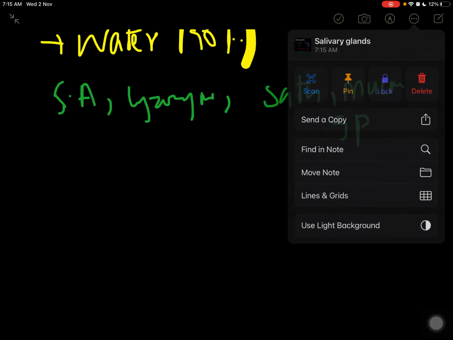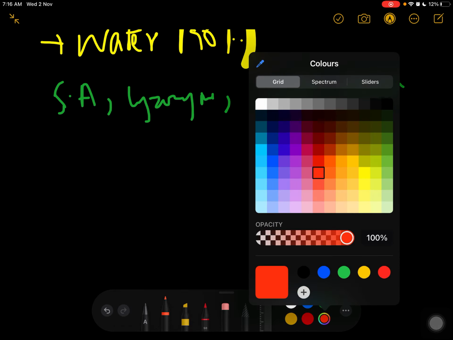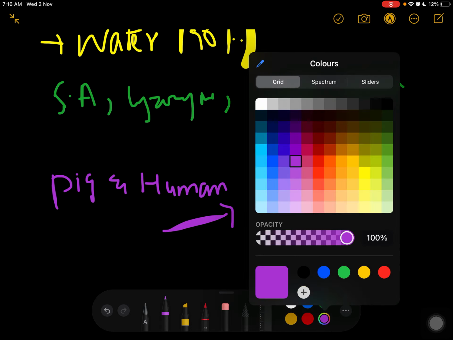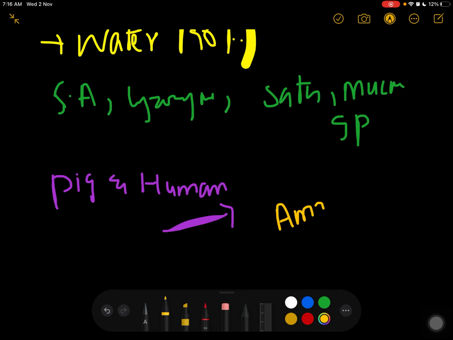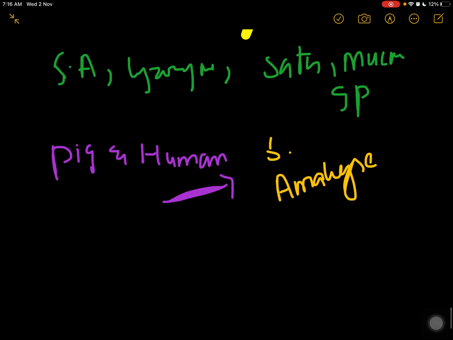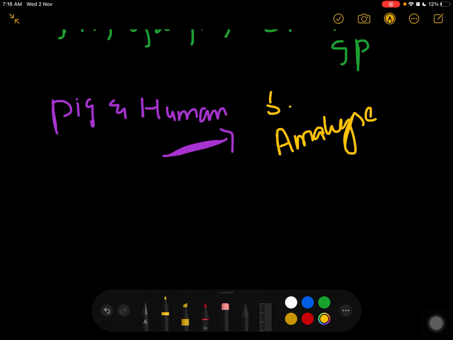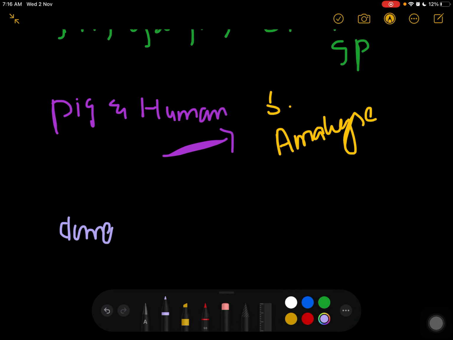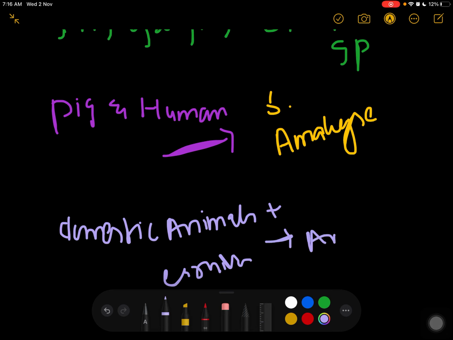Okay, so basically in the saliva of pig and human, the enzyme salivary amylase is present, but in the saliva of carnivorous animals and domestic animals, the amylase is not present.